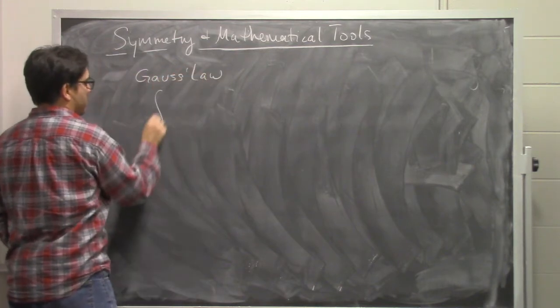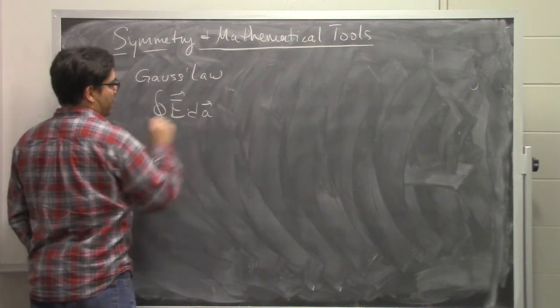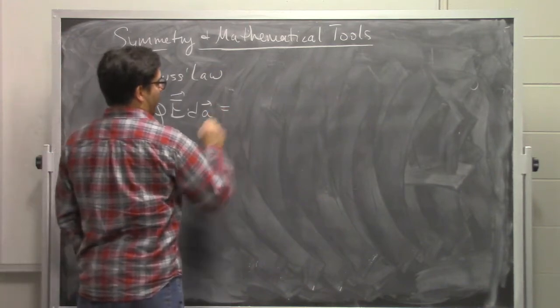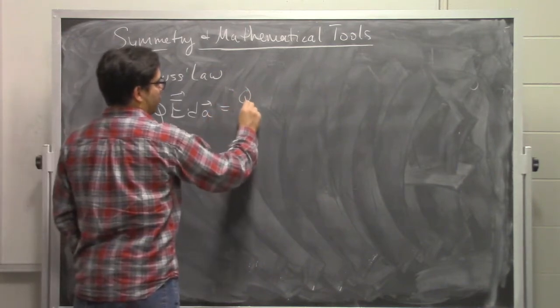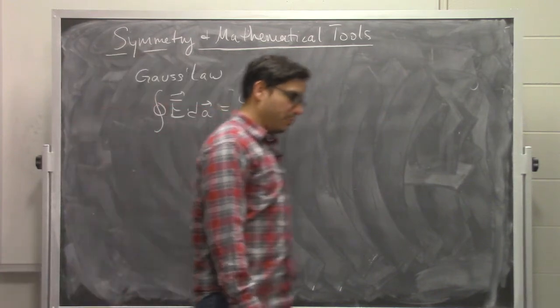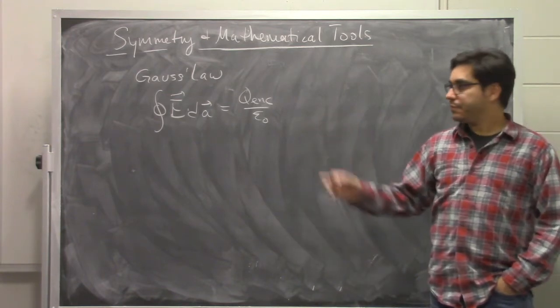Namely, Gauss's law is this integral of the electric field over some area. It's basically the electric flux through a closed surface. And that's related to exactly how much charge is enclosed in a system divided by epsilon 0. Now, there's a couple of things that were really important to be able to use Gauss's law.